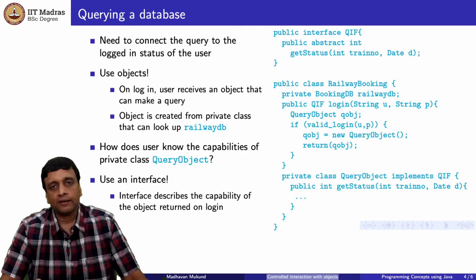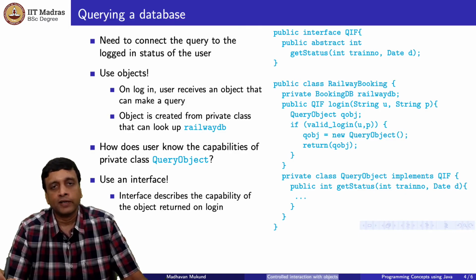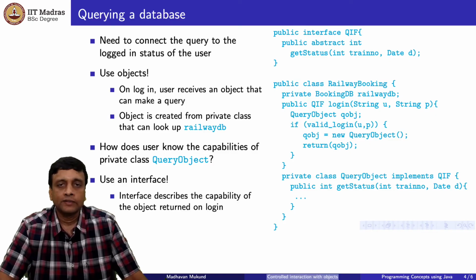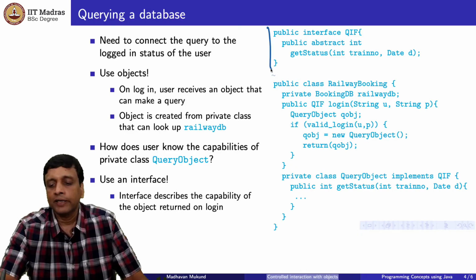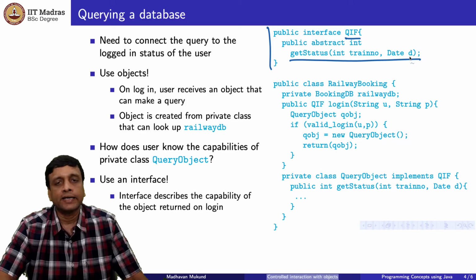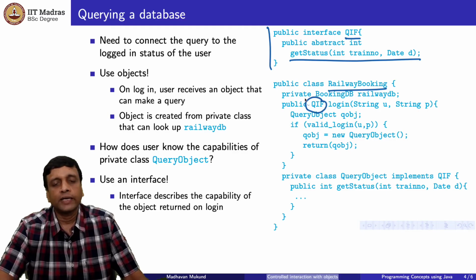As you would expect, this is what we had mentioned earlier: you have to combine this notion of a private class with the idea of an interface. What we have to say is that this particular class is private, but what is known about it is that it implements a public interface. So we have a public interface, a query interface, which has this abstract function get status. And now what returns from railway booking is an object of type QIF.